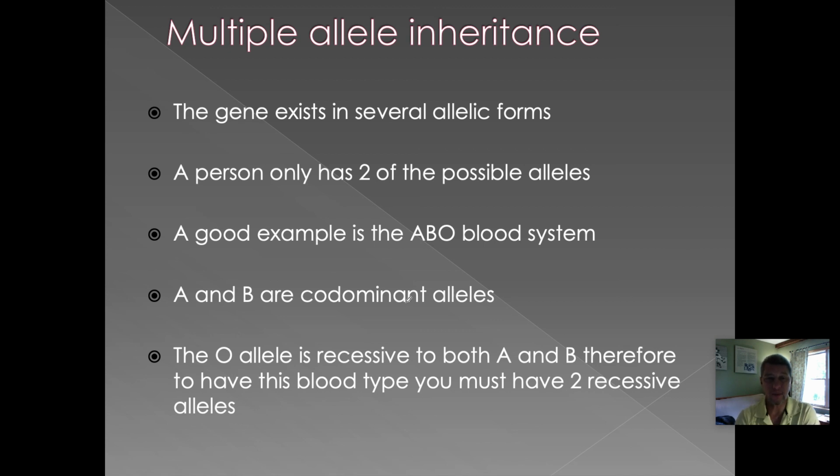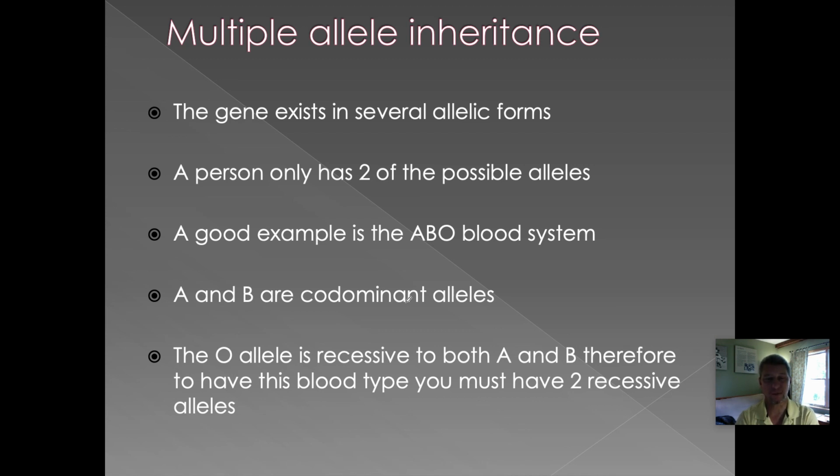A very good example of this is our blood type. All right, the ABO blood system is governed by three different alleles. The allele for blood type A and the allele for blood type B are both dominant, but they are co-dominant. All right.